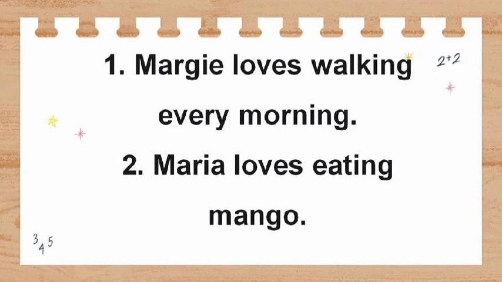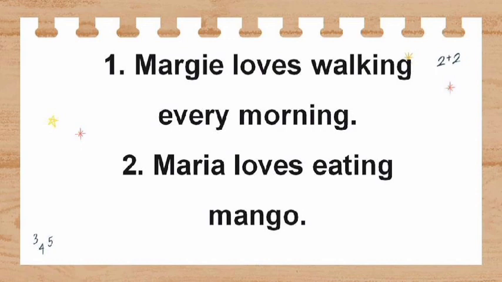Maria loves eating mango. Based on the given sentences, class, who is the doer of the action? It's Margie and Maria, right? Yes or yes? Yes. So what action does the verb describe?